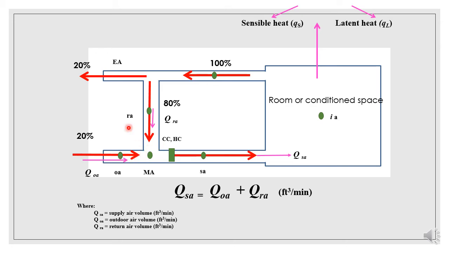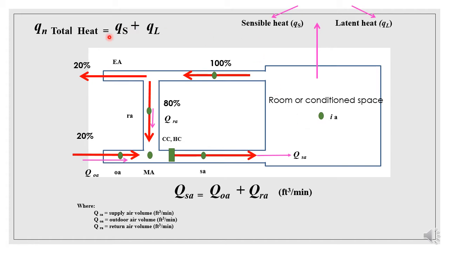As the exhausted air is 20%, 20% of outdoor air has to be used to replace the quotient that is exhausted to the ambient. So we have 20% of outdoor air plus 80% of return air, and it will be mixed and go through the AHU to be conditioned before it is supplied to the room.